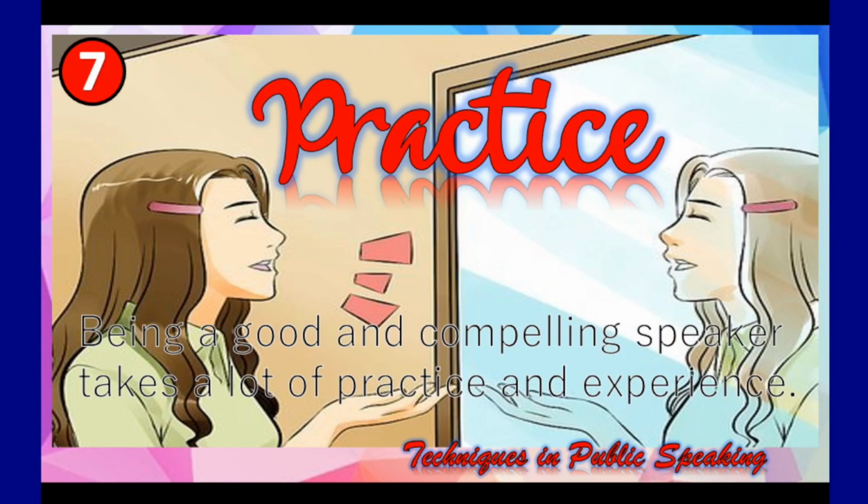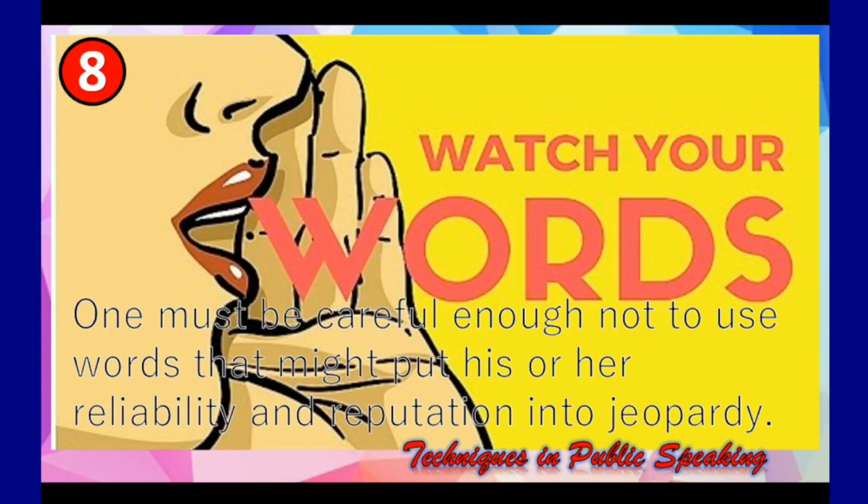Being a good and compelling speaker takes a lot of practice and experience. You may use the mirror and talk to yourself and practice your speech. It gives you a lot of confidence. Tip number 8. Watch your words. One must be careful enough not to use words that might put his or her reliability and reputation into jeopardy.